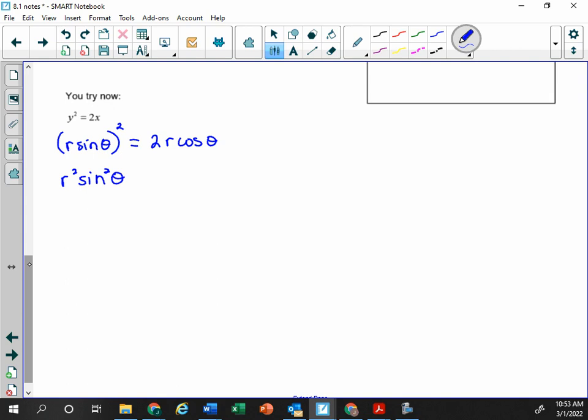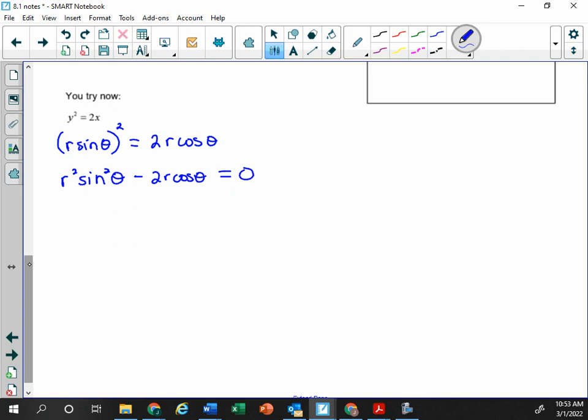And now I'm solving for r. Remember, keep that in the back of your mind. I don't want to divide by r because then I've eliminated solutions. So I'm going to bring this 2r cosine theta over, so I've got minus 2r cosine theta so that I've got a 0 on one side of my equation. What can I factor out of these two?